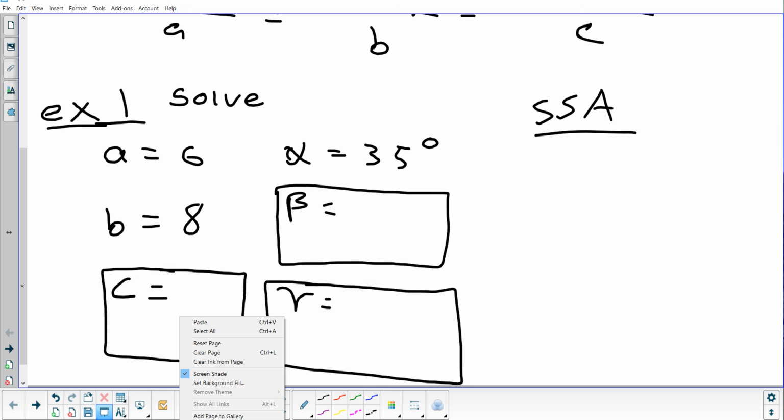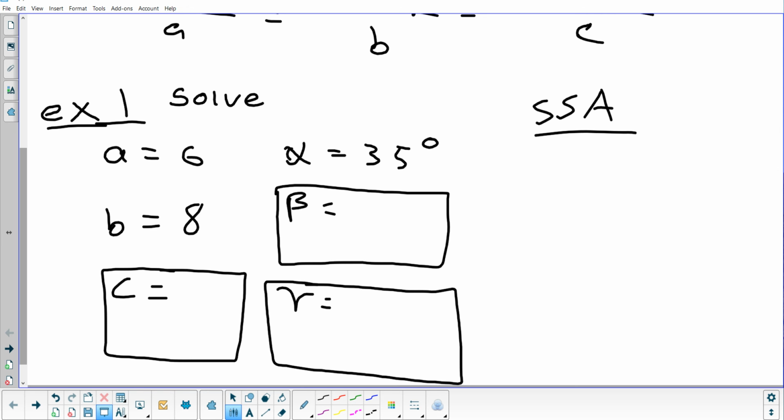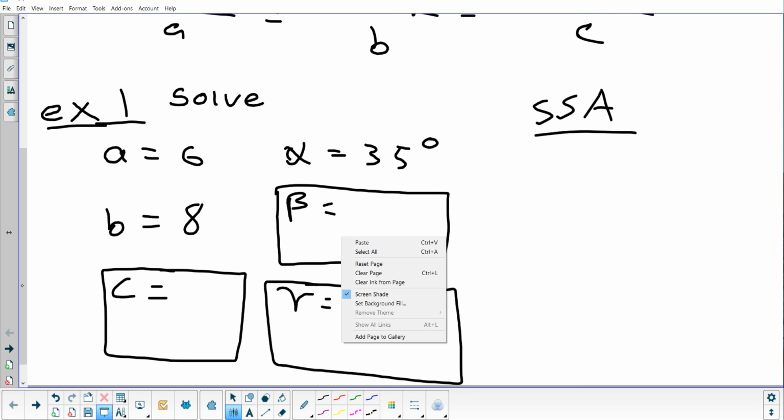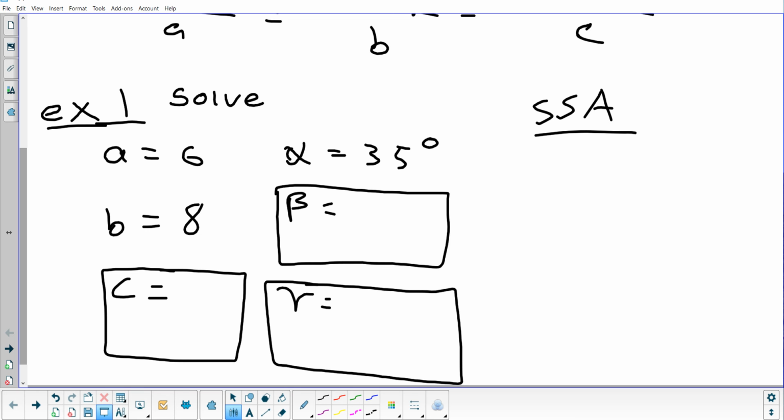If everything has 2 solutions, then you'll have 2 numbers in the beta box, 2 numbers in gamma, and 2 numbers in C. They all have to be the same in terms of the number of answers. You can't get 2 answers for beta and then only 1 answer for gamma. It doesn't work that way. They either all have 2, they all have 1, or they all have none. Okay?